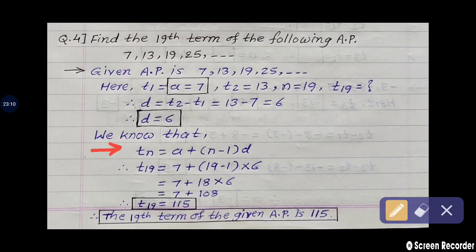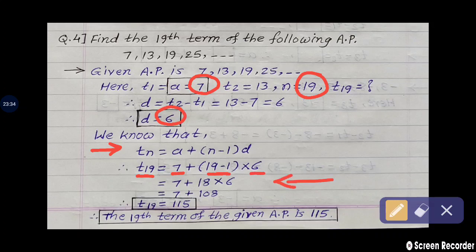After writing the formula of Tn, we find T19. The value of A is 7, which we substitute here, plus the value of n is 19, then in brackets n minus 1 means 19 minus 1, multiplied by the value of D, which is 6. Do the calculation in the next step.